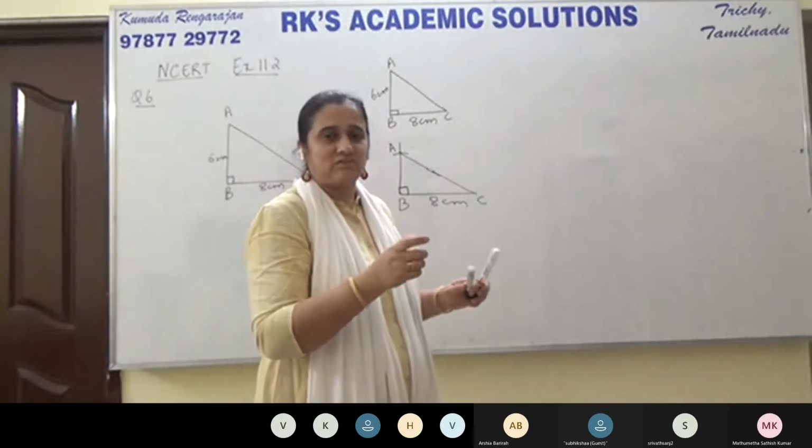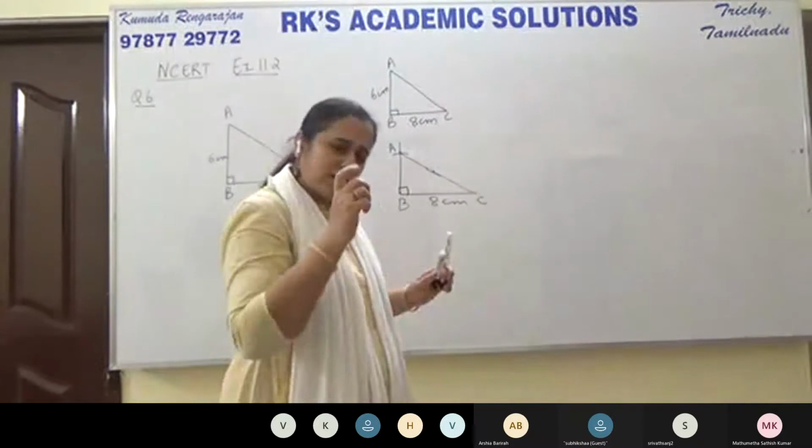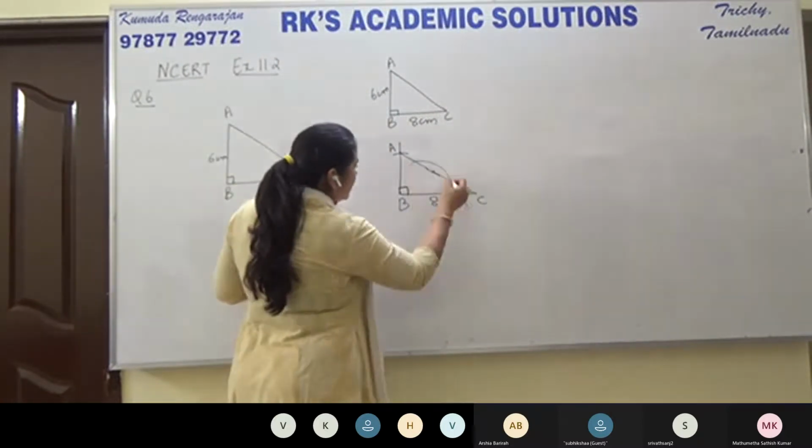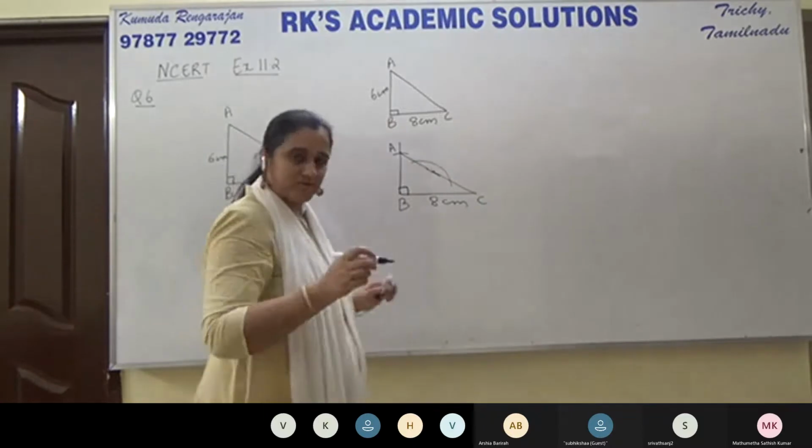The radius here is not a fixed value. A sufficient radius so that you are able to draw an arc like this on the hypotenuse.